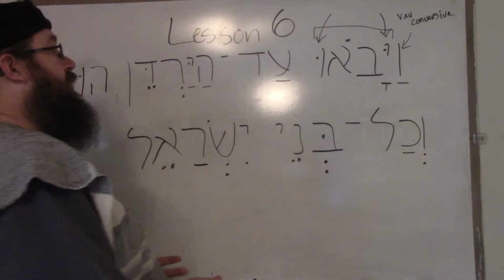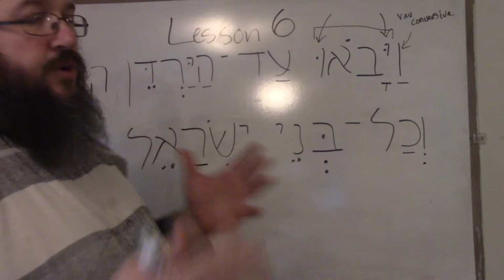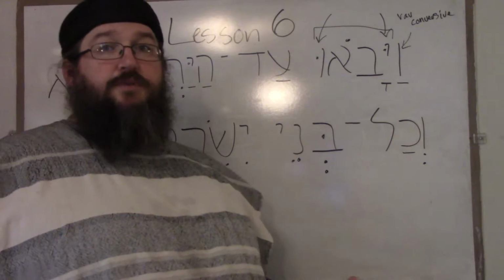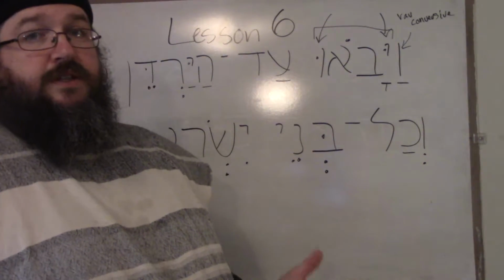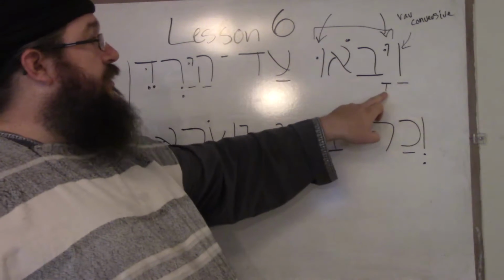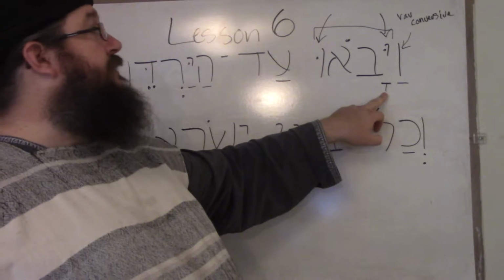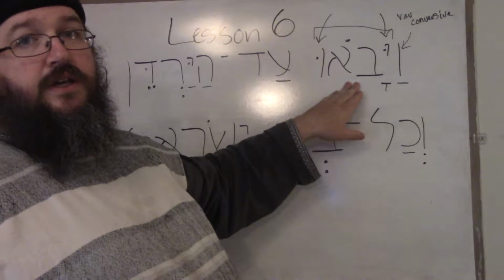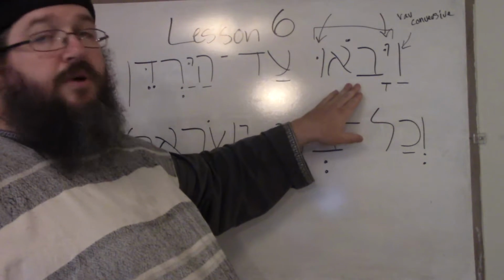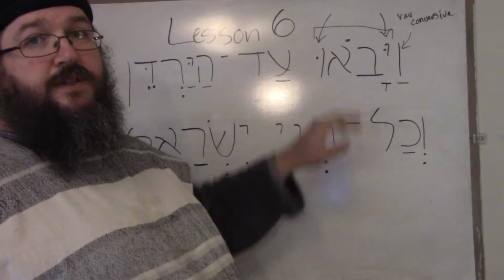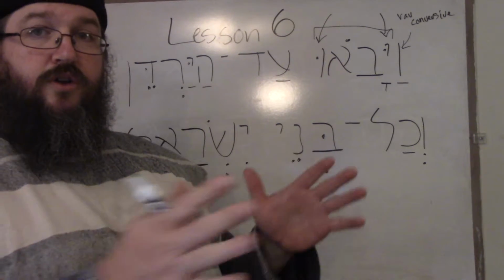Now you might say, is there another way of identifying this? How could I know that the root's missing in the middle? Notice here there's a kamatz. The kamatz is underneath the pronoun. If you see the kamatz, you can definitely say that it's very possible that the root letter is missing in the middle, which could be Yud or it could be a Vav.